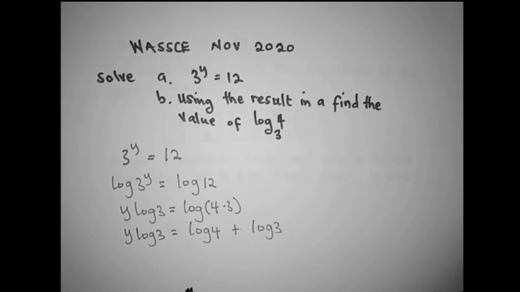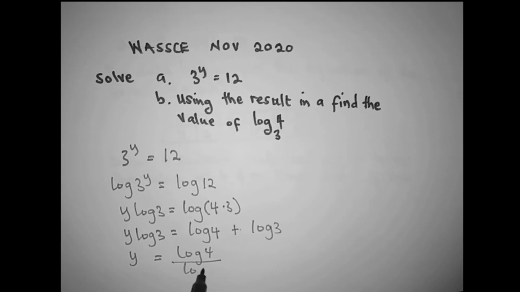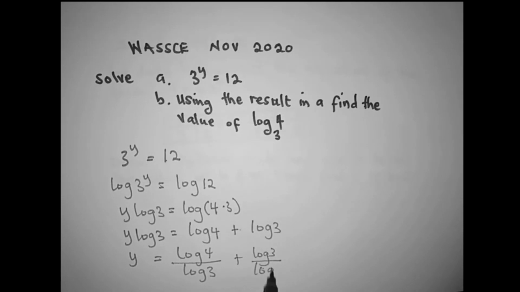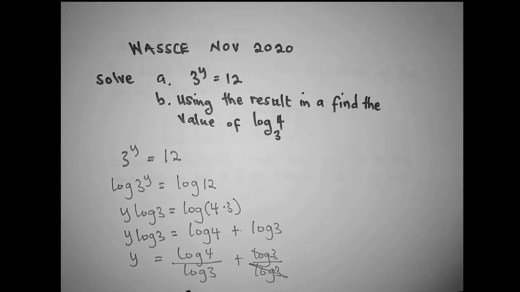So let's divide through by log 3. We get y is equal to log 4 divided by log 3 plus log 3 divided by log 3. You see that this cancels out, so that we get 1.